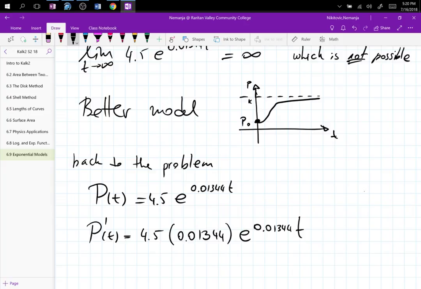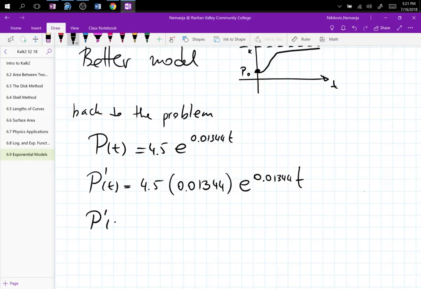Now we multiply these numbers and keep one decimal place for the coefficient. 4.5 times 0.01344 is going to be 0.06, so we get 0.06 e to the 0.01344 t.